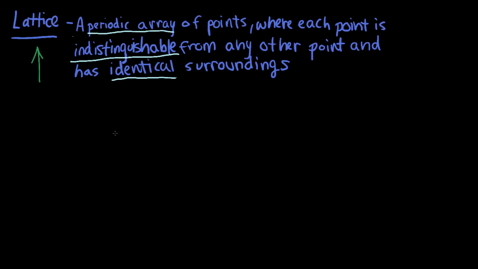I think that the easiest way to begin to understand this definition is to work from one dimension up to 3 dimensions. In one dimension, we are just looking at a line. I'll define this line as extending in the minus x direction and in the plus x direction. And on this line, I can draw points. These are the lattice points.